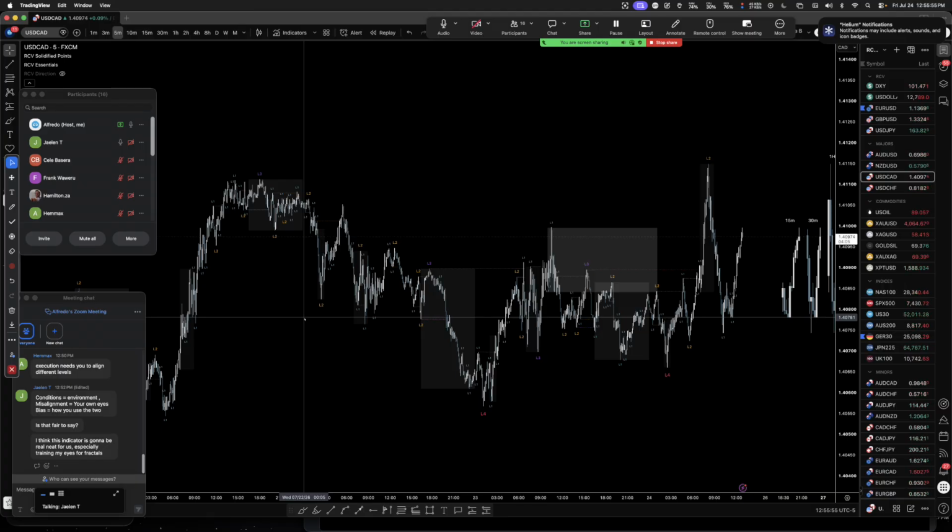I'm starting to see how and why that's possible, especially when you identify your levels so clearly. Because to change your bias, usually you have to run through 2 to 3 different invalidations.